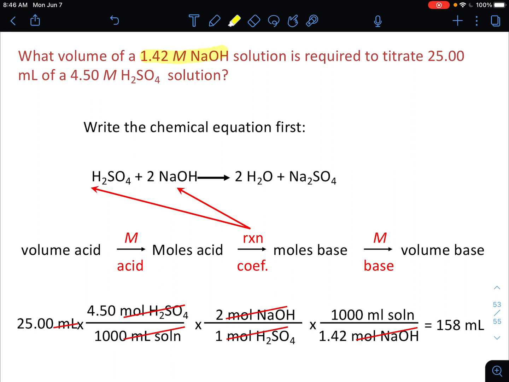So again, here are my 3 pieces of information. And the question that I'm trying to answer is, what volume of base? And like I said, we could either be adding base to acid or acid to base in this sort of thing. But when we think about titrate, we mean we're neutralizing.